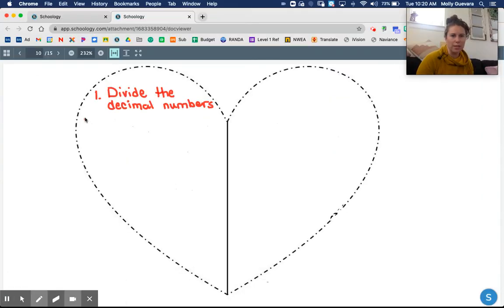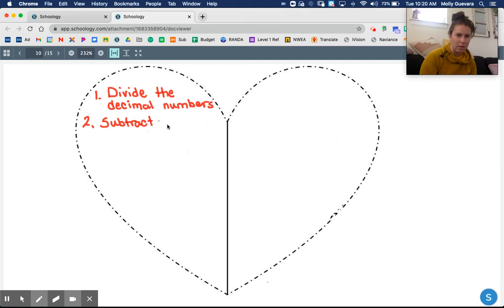Step 2 here is, so remember back to our exponent properties, that when I divide exponents, I subtract, or when I divide powers, I subtract the exponents, right? So same thing here, I'm going to subtract the exponents of the power of 10.